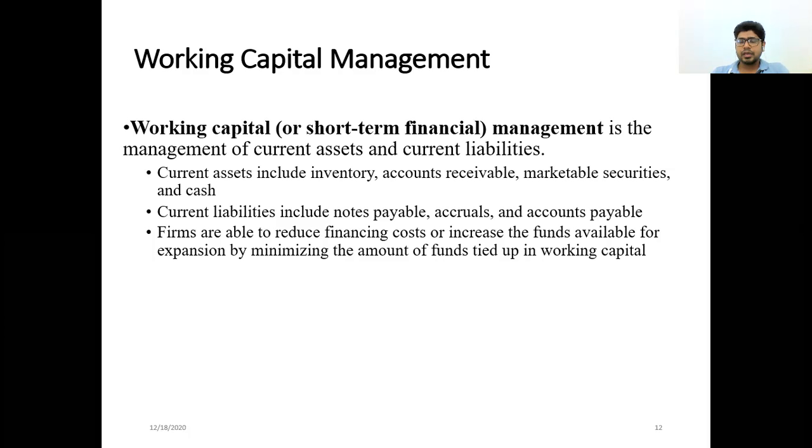Sometimes we have to pay our employees for rendering their service to us. Sometimes we have to pay tax, deferred tax. It is also an obligation, and bills payable are also included under account payable. It comes under the short-term current liabilities.